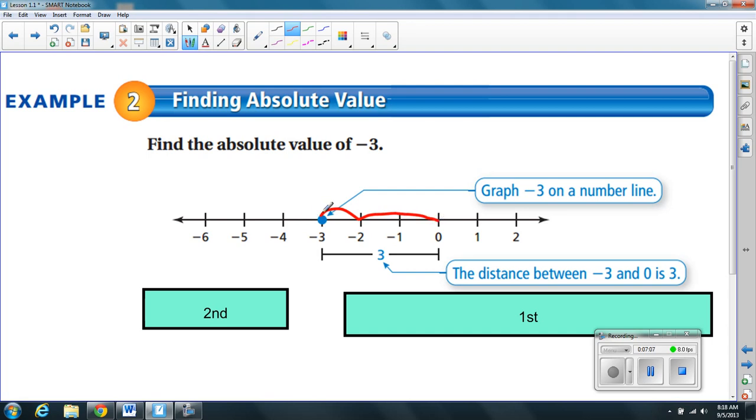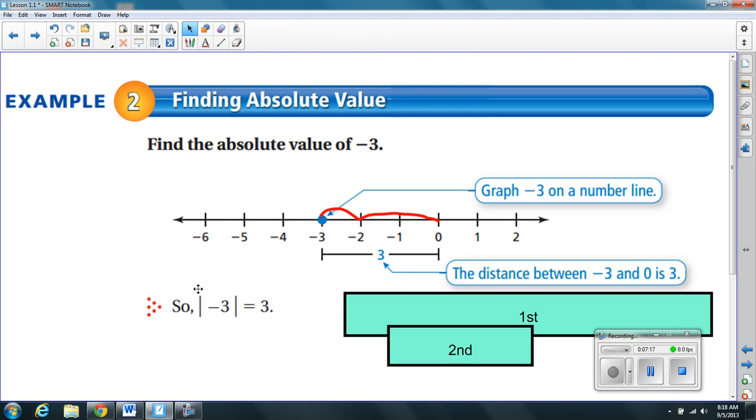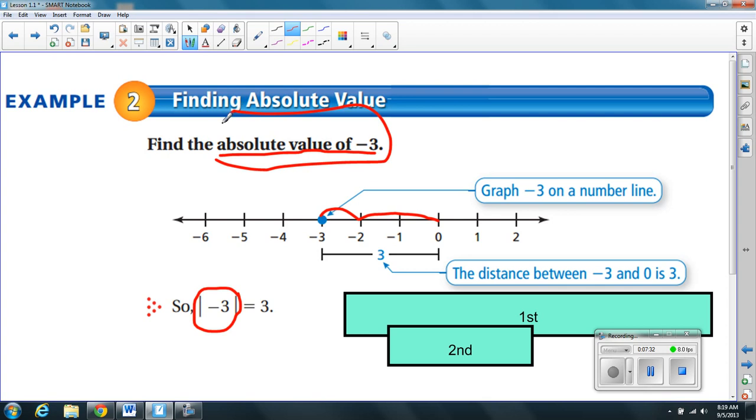Okay, so the distance from this unit to 0 is 3 units away. So what is the absolute value of -3? Again, here are the bars. This is your question. Just as it's written here in words, this is what it looks like symbolically, in mathematics. The bars represent this question right here. Okay, so the distance or the absolute value of -3 is 3.